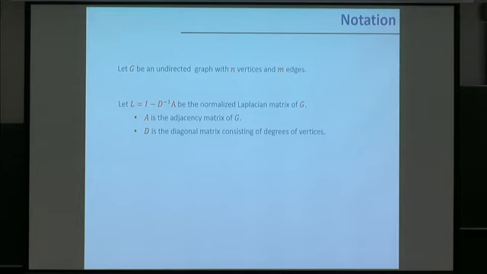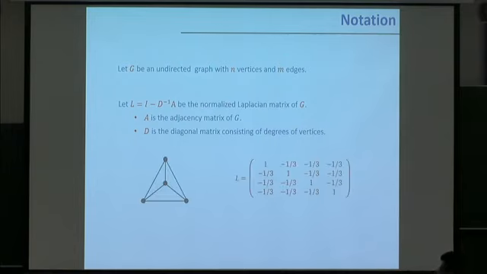Okay, let's start with a basic definition. In this talk, we assume that G is an undirected graph with n vertices and m edges. We use L to denote the normalized Laplacian matrix, where L is defined as the identity minus the inverse of D times A. Here A is the adjacency matrix of graph G, and D is a diagonal matrix consisting of the degrees of vertices in G. For example, this is a 4-vertex graph, and every vertex has degree 3.